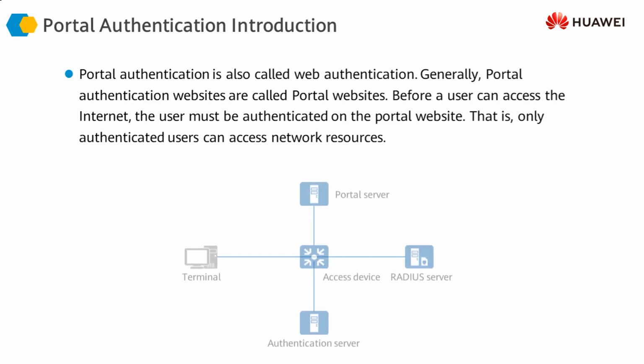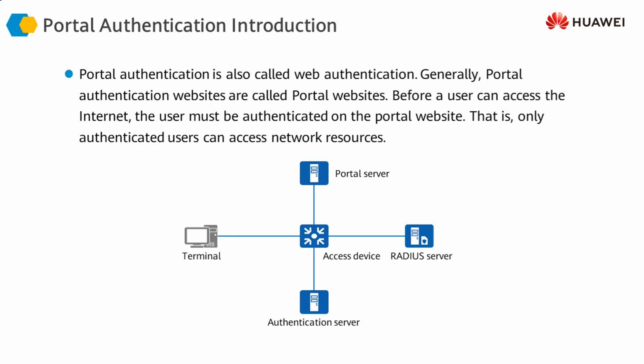What we mean by portal authentication is that in certain situations, we want the users to be authenticated by entering their username and password on a web portal provided by the Agile controller. This portal can be pushed to the users through the switch, through the aggregation switch, or through a wireless access point, the wireless access controller.